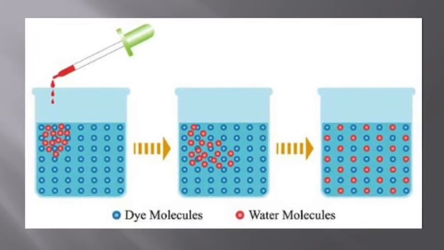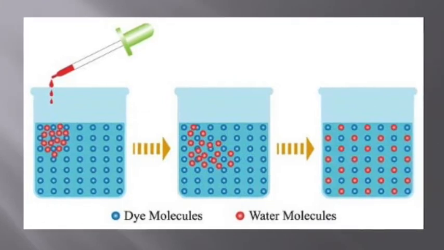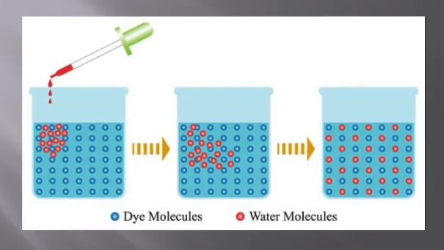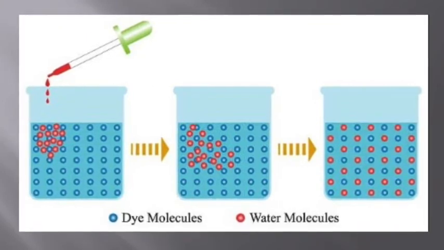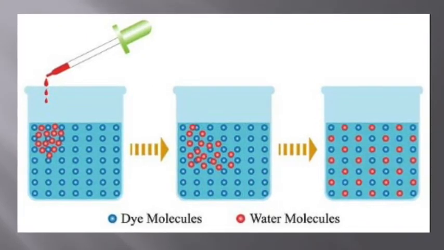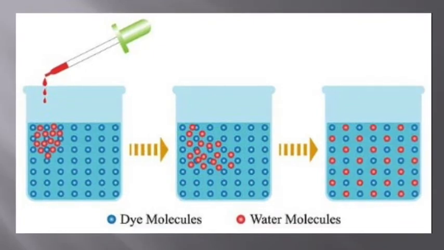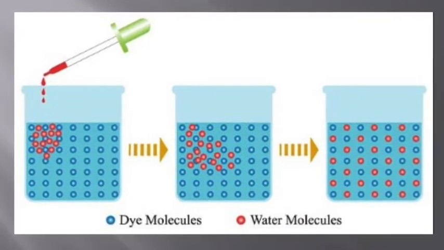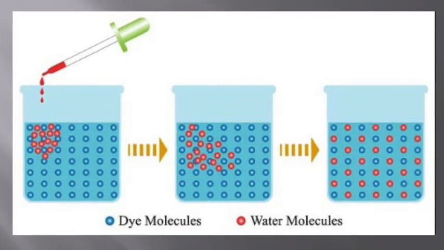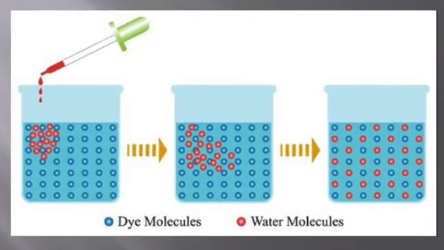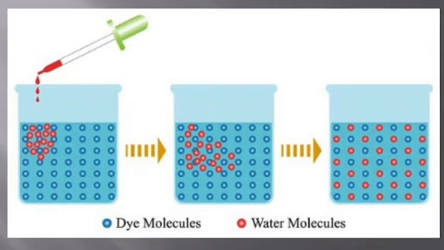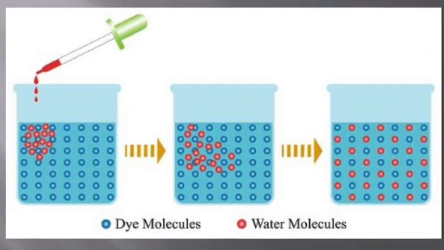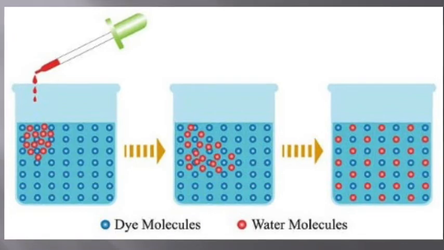The middle part shows how it has started moving towards the other parts, which are described as a lower molecular concentration. Eventually, at the last end, the particles, which are the dye molecules here, will become evenly distributed with the water molecules.